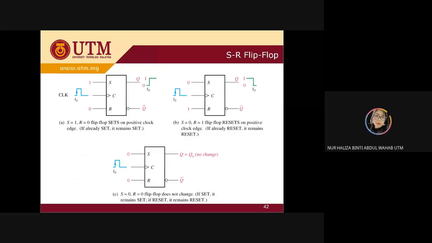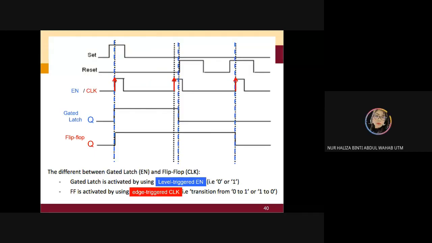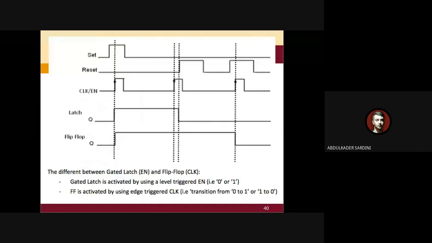Doctor? Yes? For the flip-flop, I don't understand why it became 0. Which one? In the end. Here, yeah. Okay, let me see at this part.